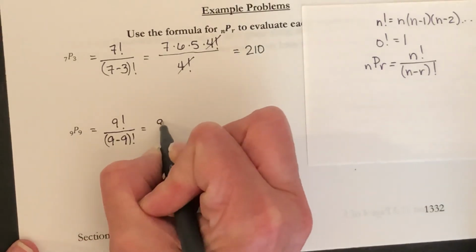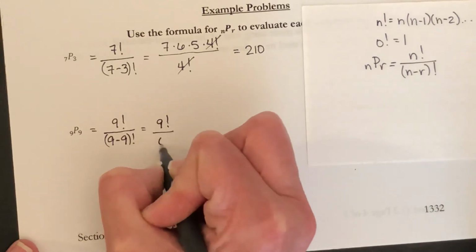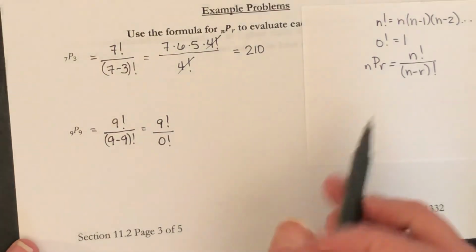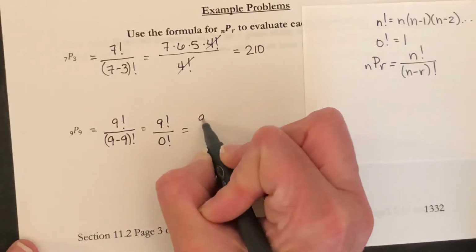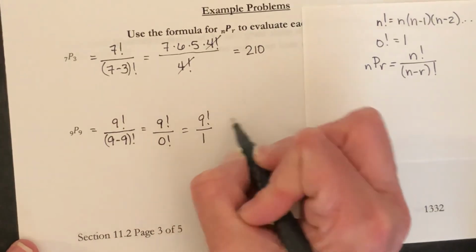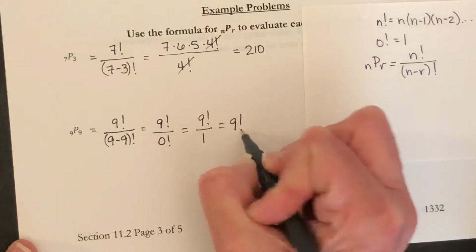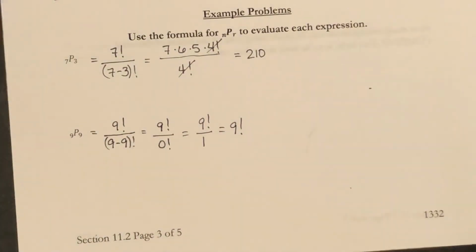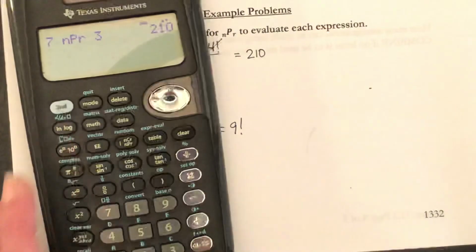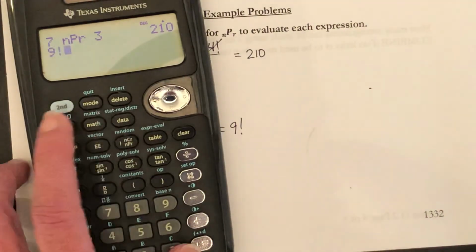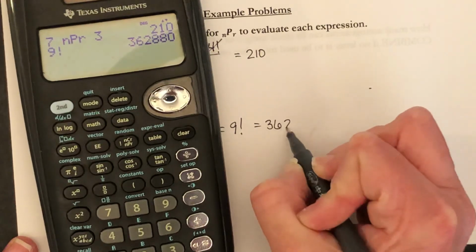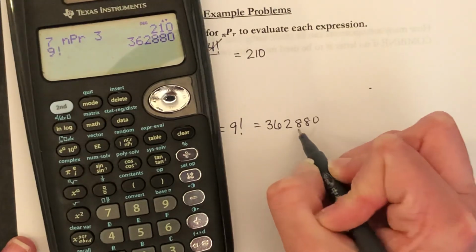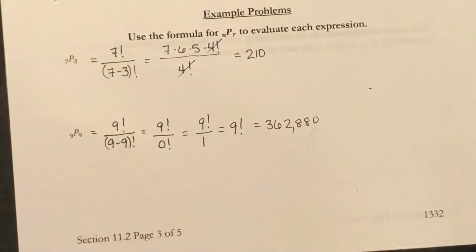So I have 9 factorial over 0 factorial. And by definition, 0 factorial is 1. So I have 9 factorial over 1, which is, of course, just 9 factorial, which is how we would have found the number of permutations when we were using all the items anyway. So 9 factorial is 362,880.